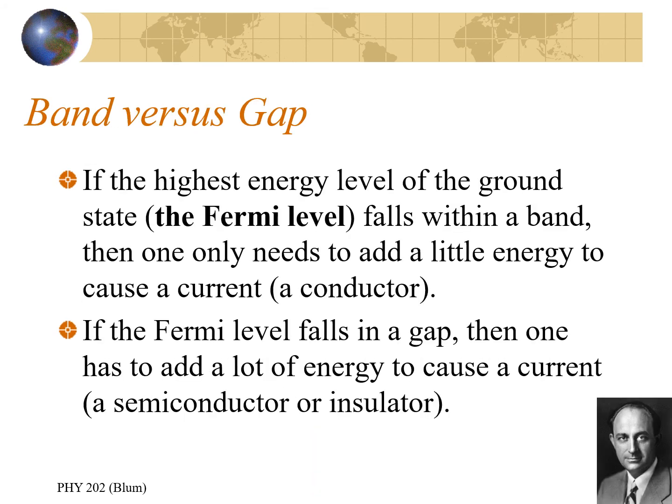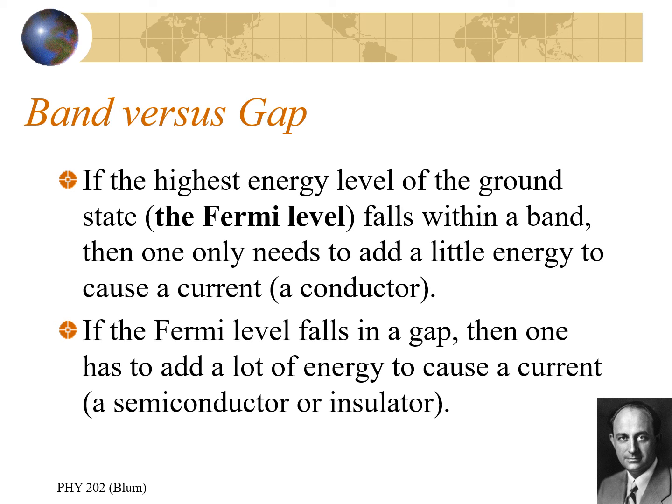So we started with our energy levels and we brought them together to form a solid, and then those energy levels formed bands, and sometimes there were gaps between the bands, and we filled up the levels with the electrons. And now we want to talk about conducting, to move the electrons around, and so they need to be able to move into higher energy levels so we can get more moving to the right than to the left.